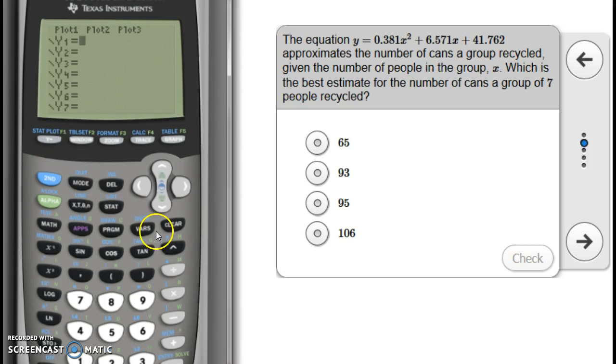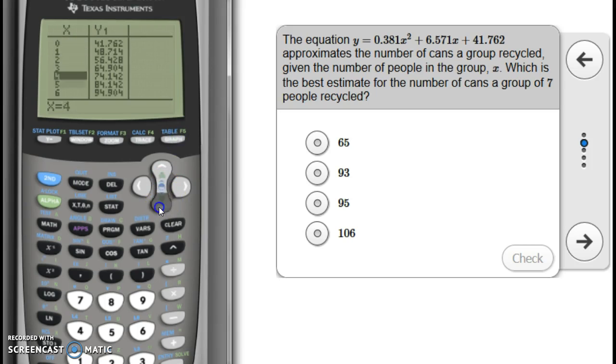Okay? The easiest way to do this is to put it in y equals and then go ahead and go second table and arrow down to where x is 7. So the best estimate would be 106.